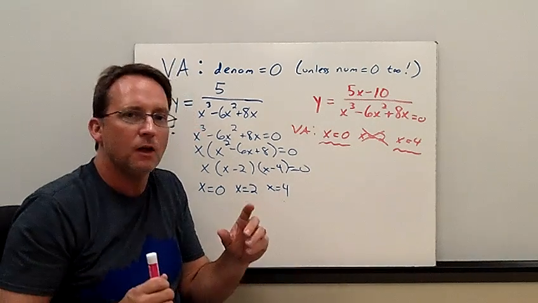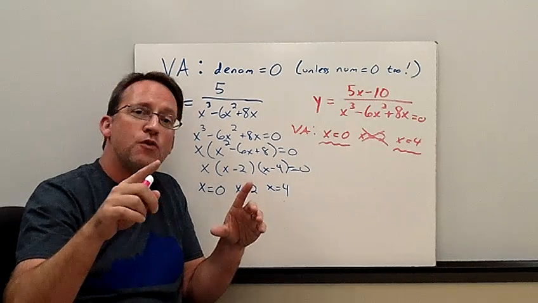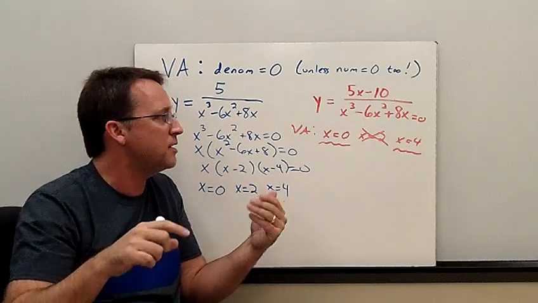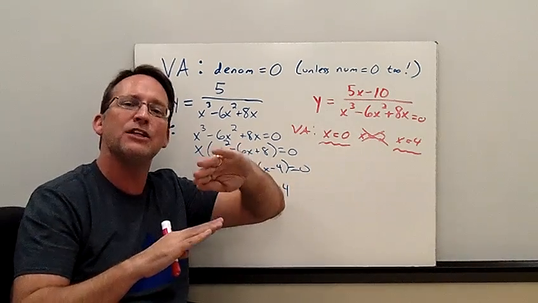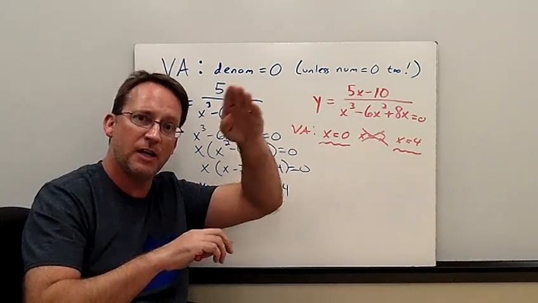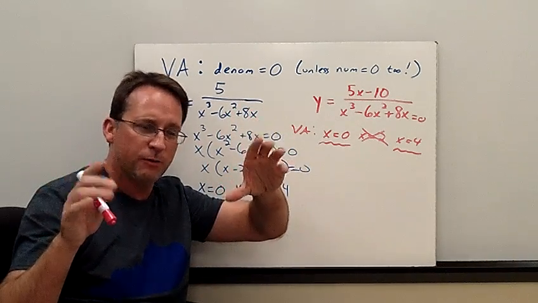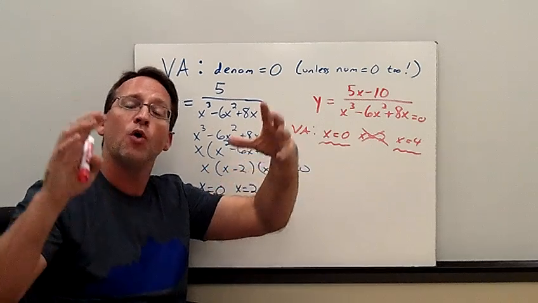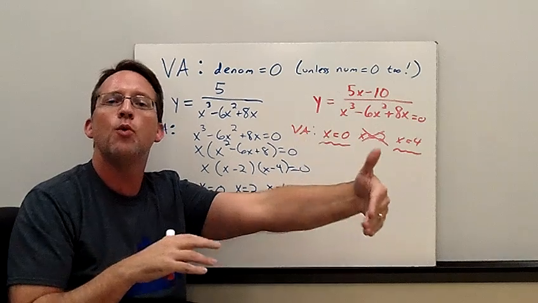You won't be able to see the hole at first. But if you go to the table and try to see what happens when x equals 2, you'll see there isn't a value there. It doesn't look like it's discontinuous. It looks like it goes through 2 because the calculator doesn't do a great job of showing that. But if you look at the table, or even if you go on the graph and try to find the value when x equals 2, you won't get a y value.